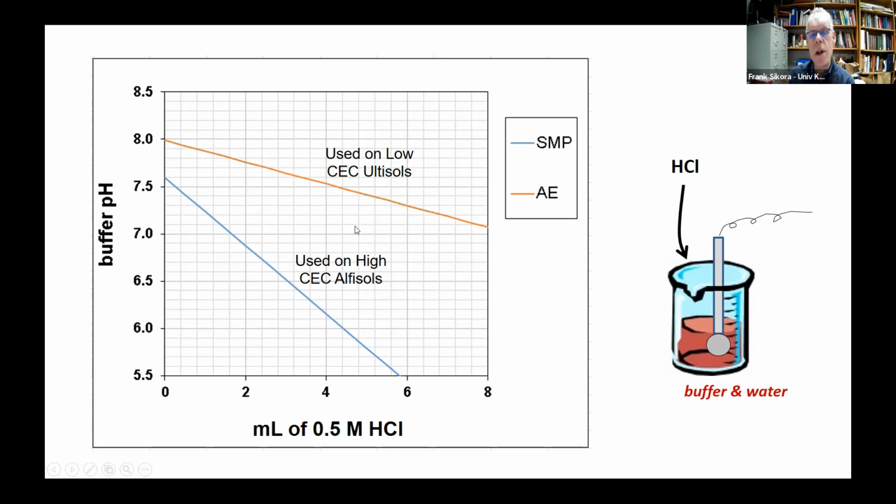You often hear in the literature that the buffer chemistry is well suited to a particular type of soil. I don't believe that to be the case. I think these different buffers are appropriate for different types of soils because they're calibrated. The buffer pH was calibrated to lime recommendations for those particular sets of soils.